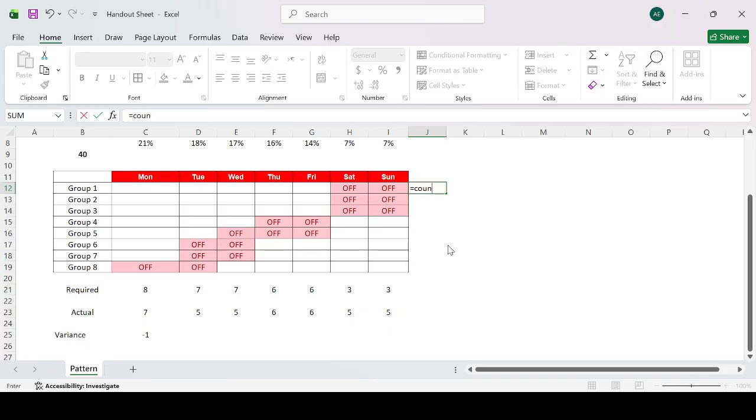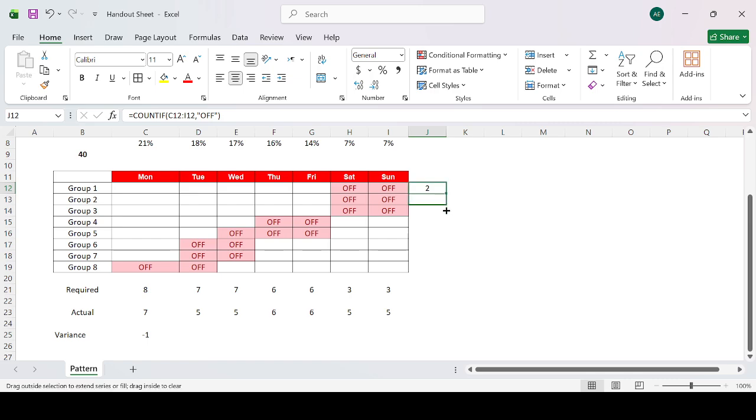So equal COUNTIF, and let's do the range from C12 to I12, and the criteria again is off. Why do we do this? In order to make sure that no one is exceeding the off days during the same week or taking fewer days off within the same week.